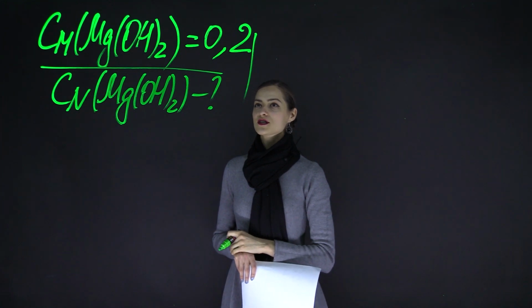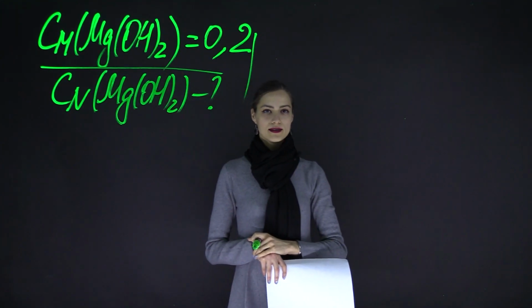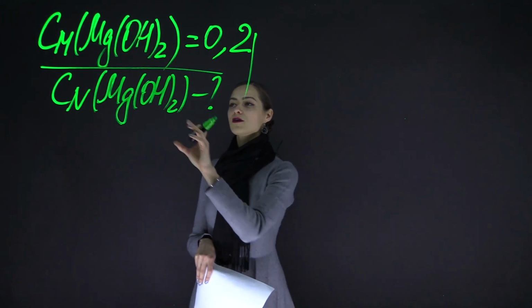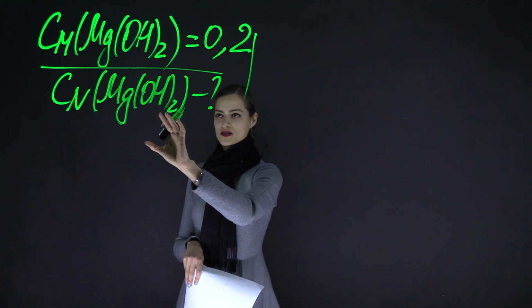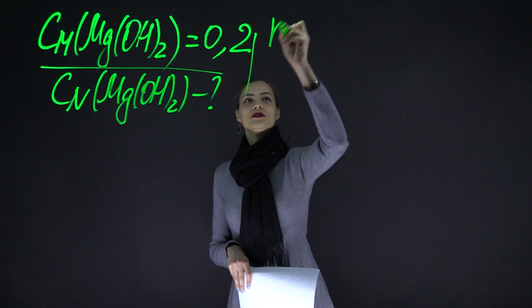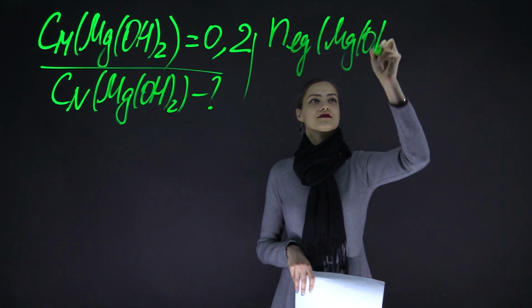Molar concentration is the number of moles of pure substance in 1 liter of solution. But normal concentration is the number of equivalents of the same substance in 1 liter of this solution. So actually we need to calculate the number of equivalents for magnesium hydroxide.